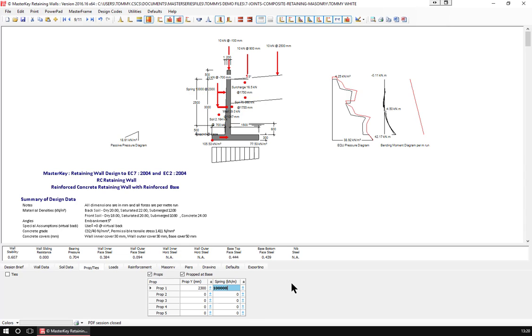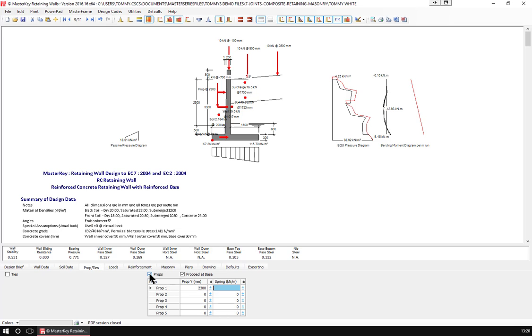If I go another 2 zeros, we now get more or less, it ain't going anywhere, propping of that. So that is pretty close to being fully propped. Yep, there was less than 1%, less than 0.1% difference between that, a million and fully propped.